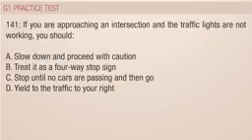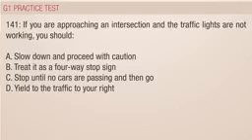Question 141. If you are approaching an intersection and the traffic lights are not working, you should A. Slow down and proceed with caution. B. Treat it as a 4-way stop sign. C. Stop until no cars are passing and then go.